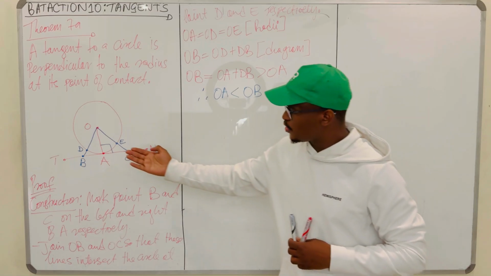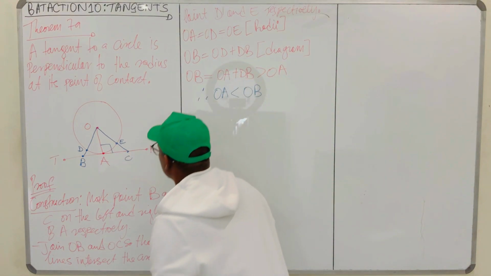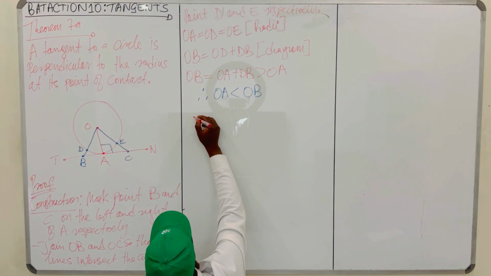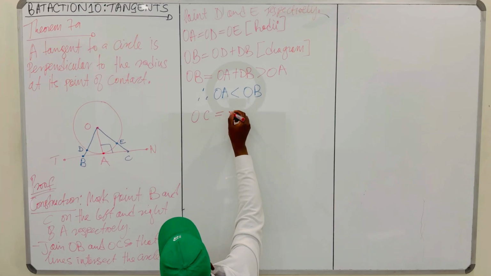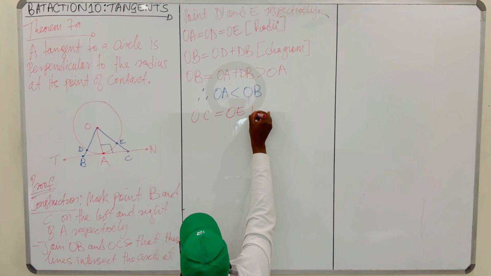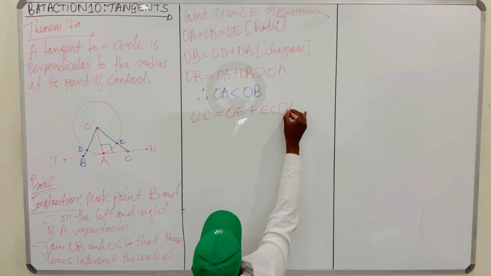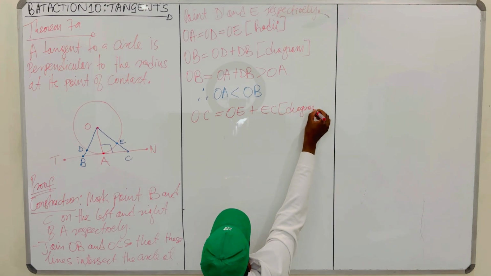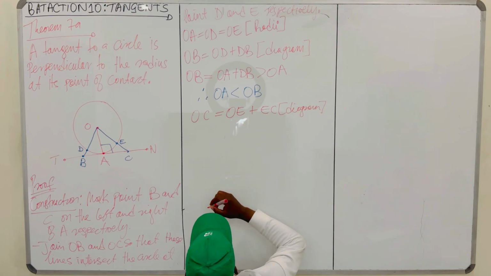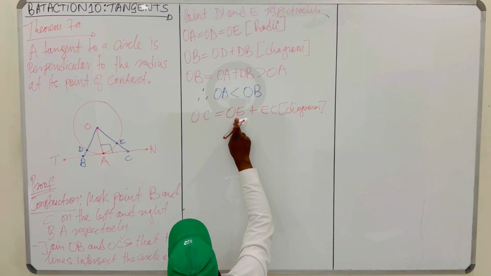You can do the same thing with OC and say, look, our OC is equal to what? It is OE plus EC, from the diagram. Do you agree? Yes. But OE and OA are the same.